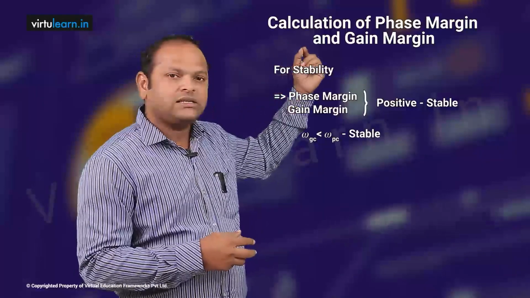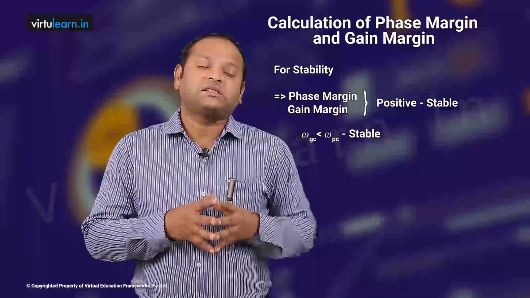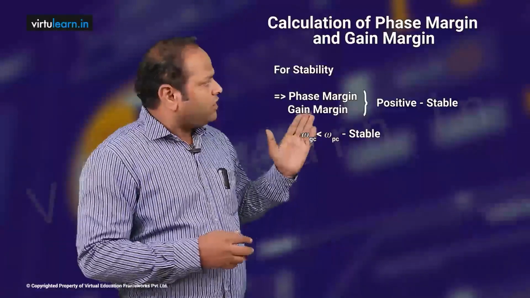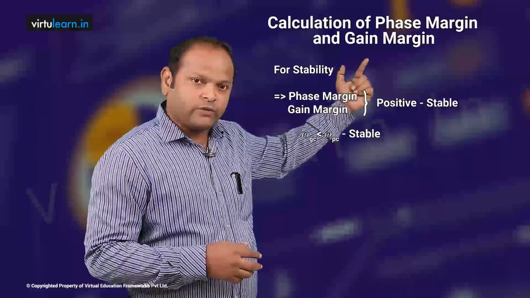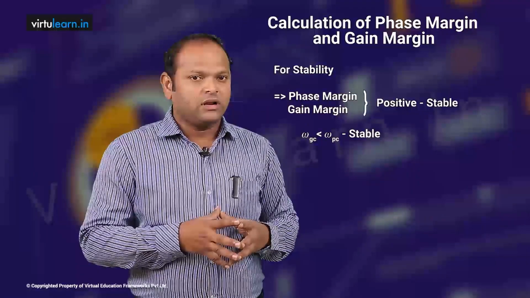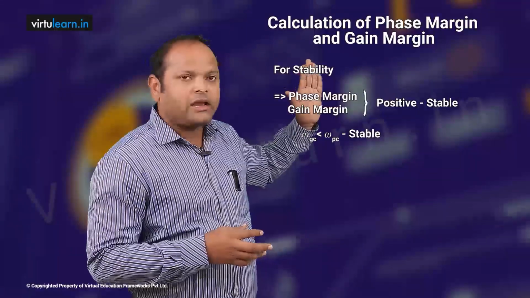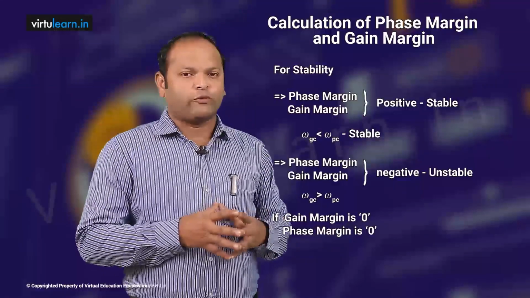When omega GC is less than omega PC, we can call it a stable system. If it is the reverse, which means the gain margin is negative and the phase margin is negative, then my system is unstable. In that case, your gain crossover frequency is greater than the phase crossover frequency.